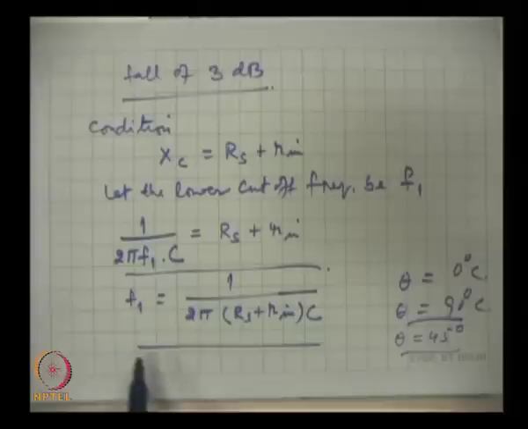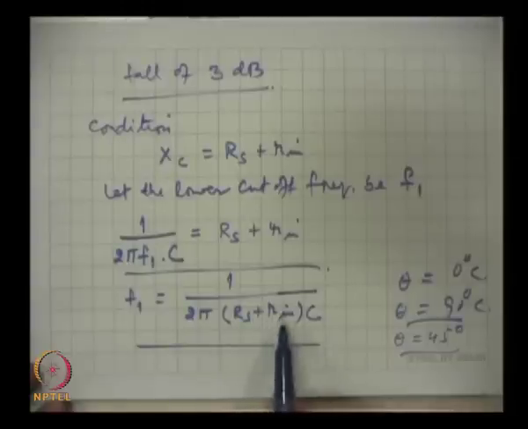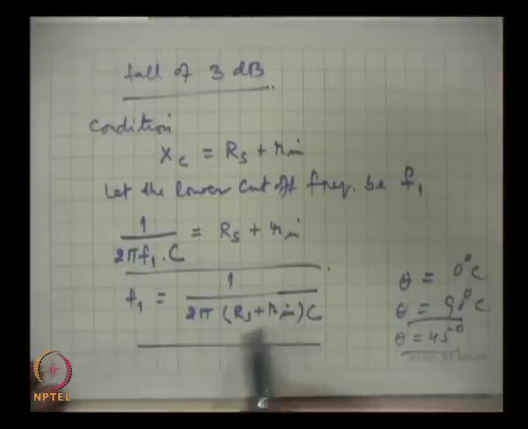This is the lower cutoff frequency. If we know the value of R in, which is the Thevenized input resistance of the amplifier, and the source resistance, then we can find the cutoff frequency.